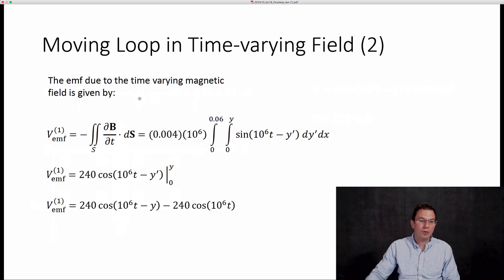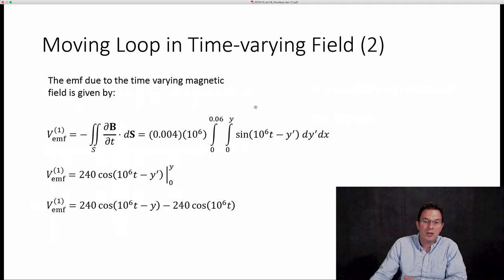Don't get confused by the fact that we had to take into account that the area is also changing with time. Really, if this B field was not time varying, we would not see an EMF from this. So we think of this as the EMF due to the time varying nature of the B field.